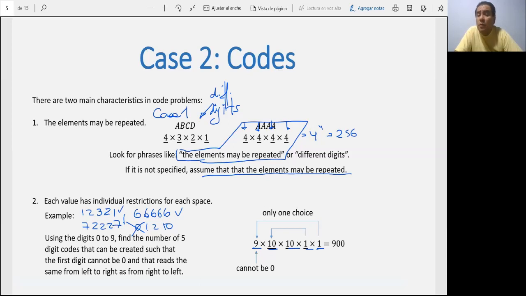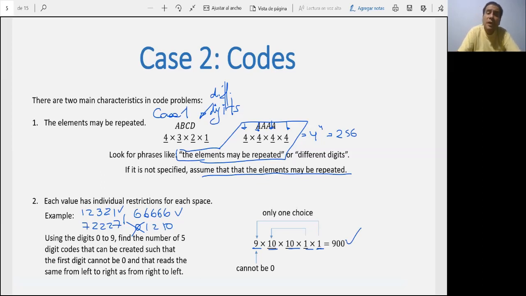Now, what happens with the fourth position of this code? You have just one option, which is to copy the digit used in the second position, right? Because that's what makes the number read from right to left the same as from left to right. And in the fifth position, you can just copy the digit used in the first position. So you also have just one possibility. Okay, after you multiply all the options, you get 900 possible codes with these characteristics.